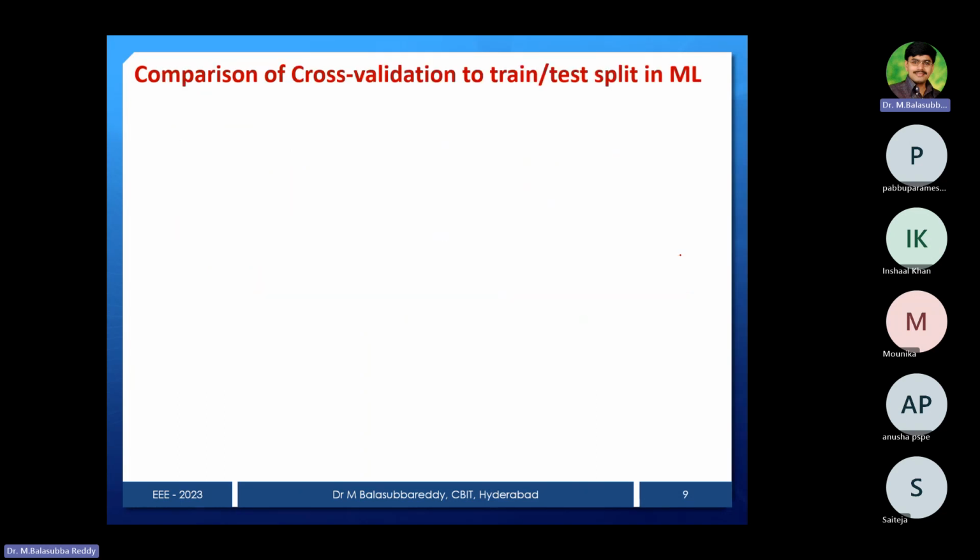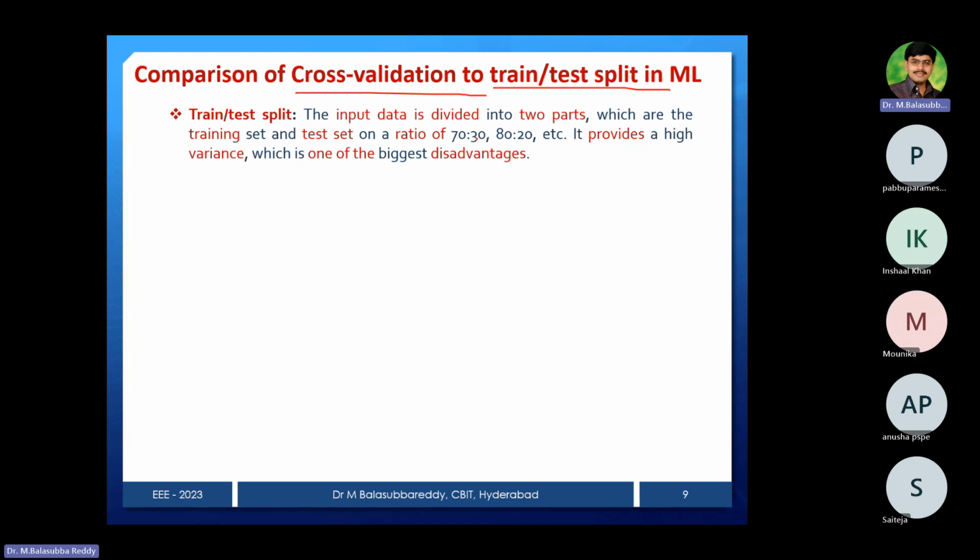Now we'll see, as we already discussed in the last class, the training testing split. And now we do cross validation, so we'll see a small comparison. In the training testing split, you are already aware that you can use any ratio, let it be 70-30 or 80-20, and so on, giving two parts: a training set and a test set.